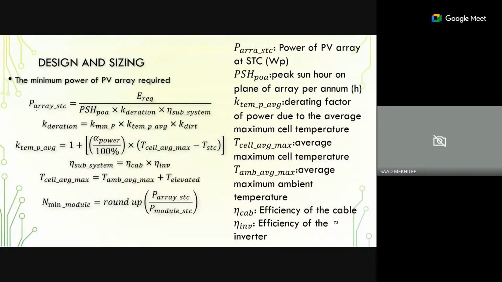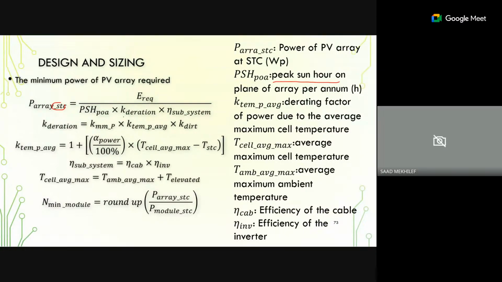So to get the power from the array at STC, it is the energy required, the PSH, which is the peak sun hours on a plane, the derating factor, and then the NS, which is the efficiency of the subsystems.